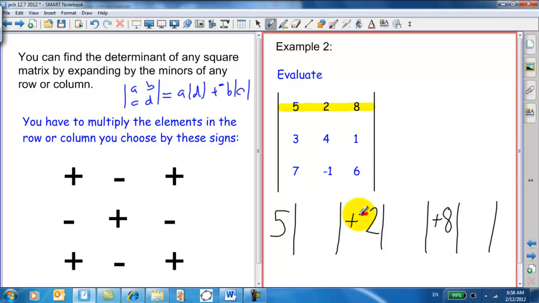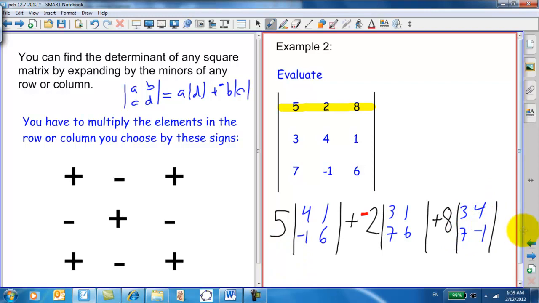Now, let's figure out the rest of these minors. The minor of 5 is what we get when we take out the row and column through 5, so that leaves 4, 1, negative 1, 6. When you take out 2, that leaves 3, 1, 7, 6. And when we take out 8, the row and column through 8, that leaves 3, 4, 7, negative 1. Now we can go along here.